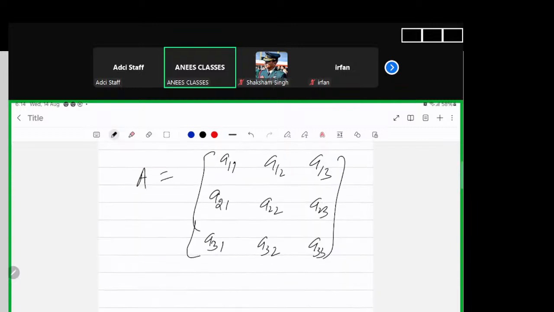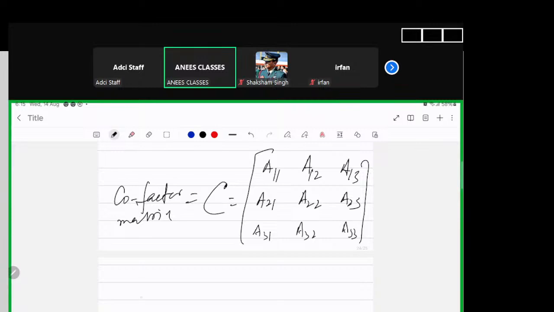Cofactor matrix: let me take capital C, where in place of small A11, I will write the cofactor of that, and so on for every entry. Now here I will take adjoint A, that is transpose of C.